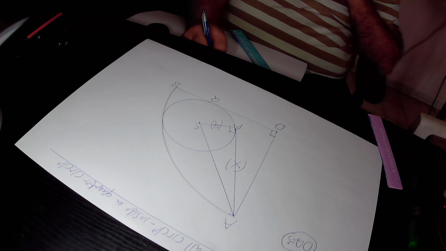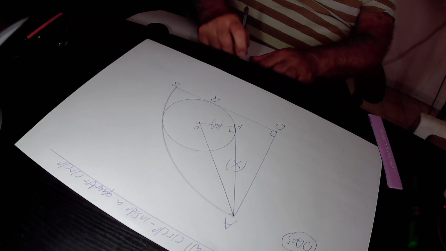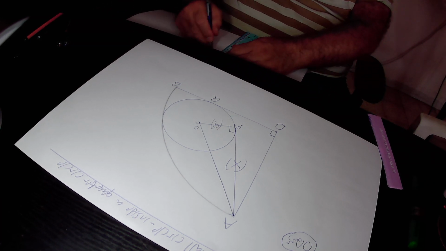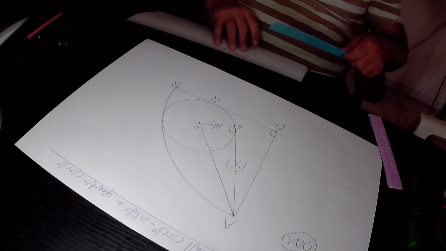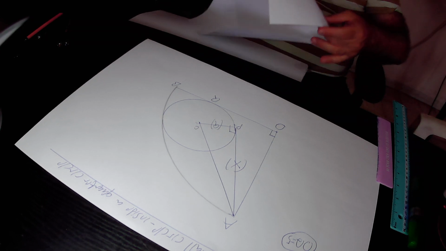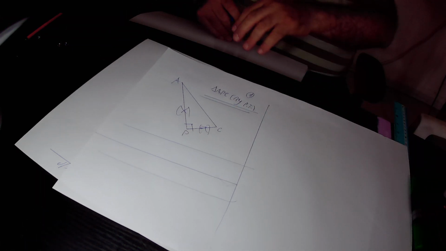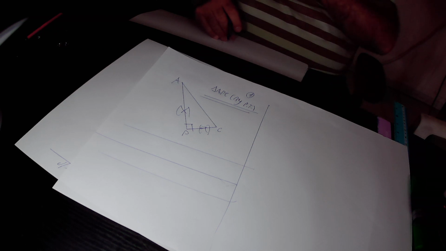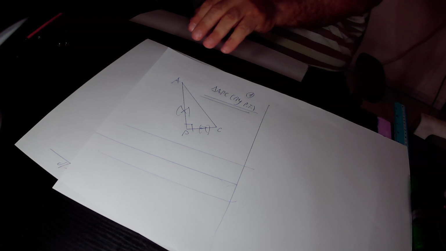Here PT is short for Pythagoras theorem. This is the right triangle APC, cloned from the original drawing. In this right triangle APC, AC squared, the square of the hypotenuse, equals CP squared plus AP squared. So I'll write it down.